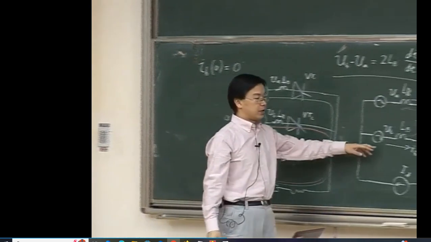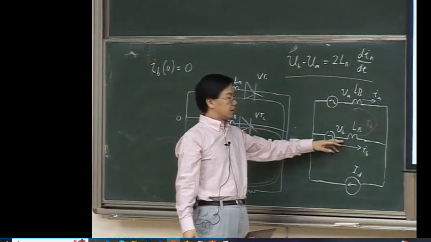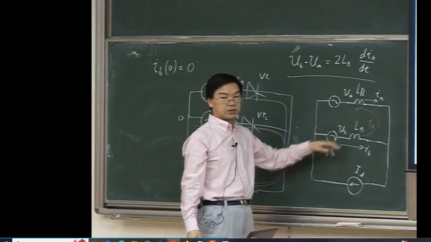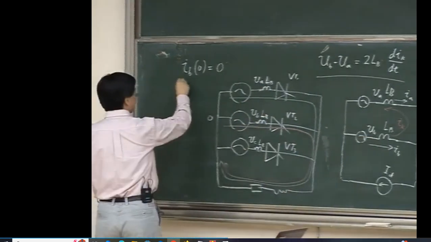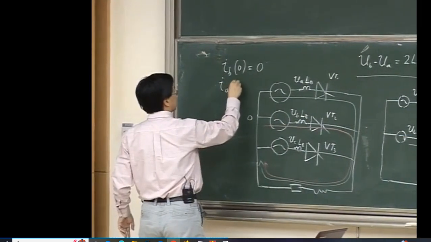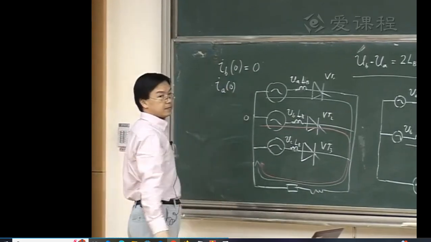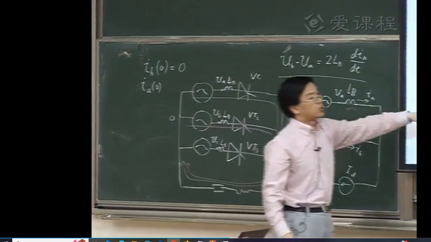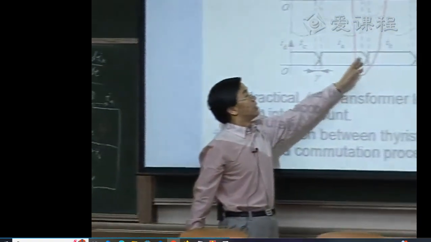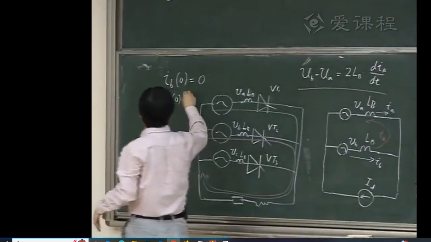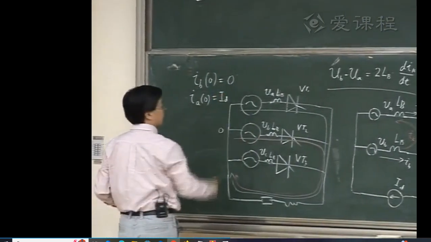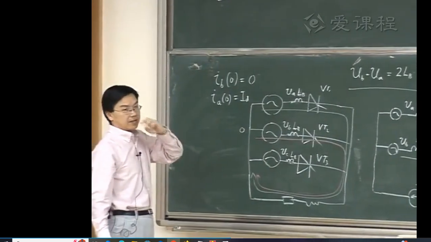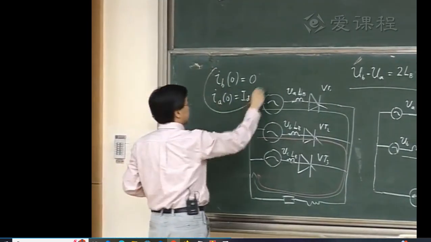Initially, when this commutation begins, this current is 0. And the initial condition for IA, the phase A current at this instant, is ID.